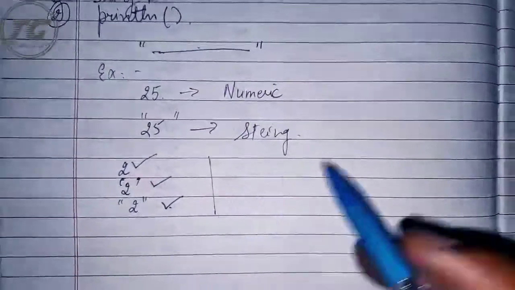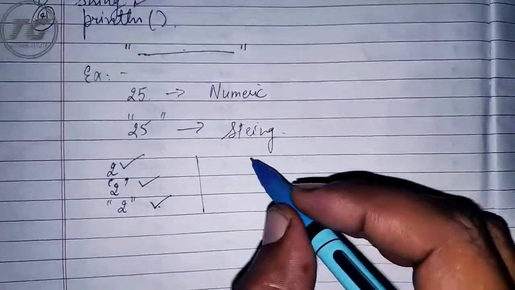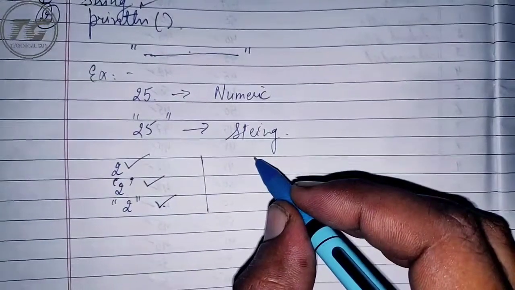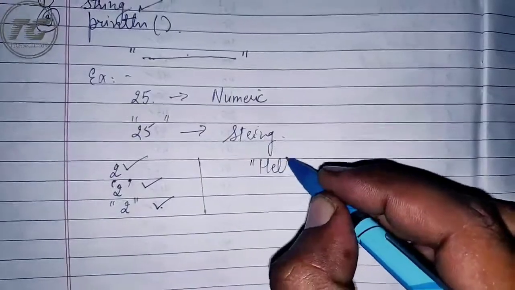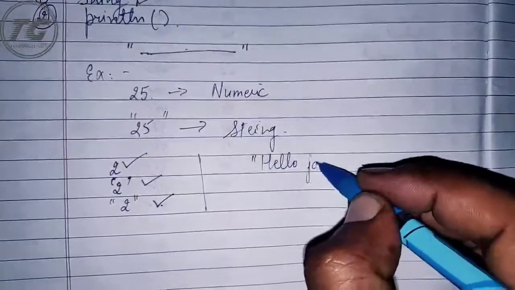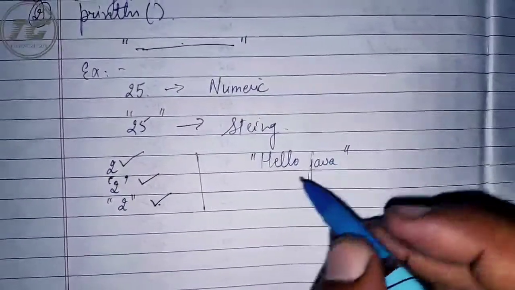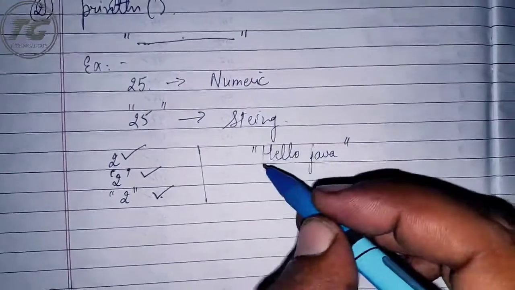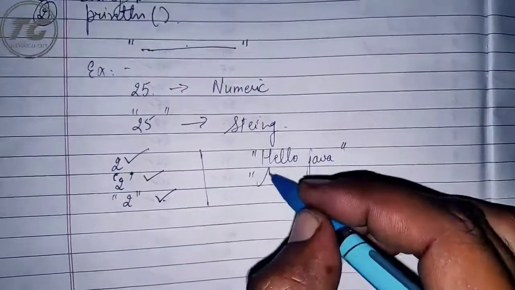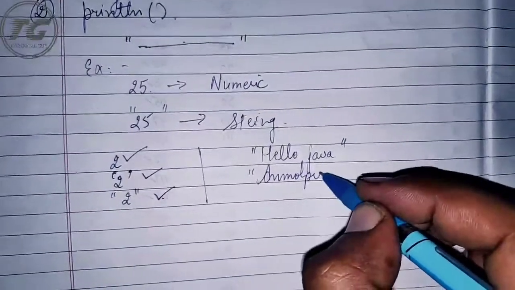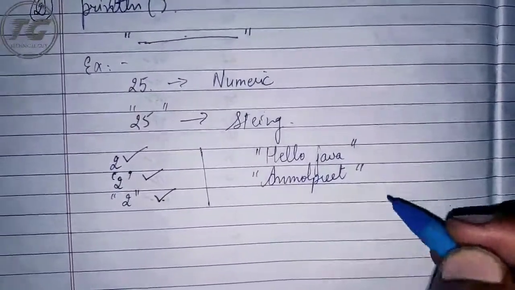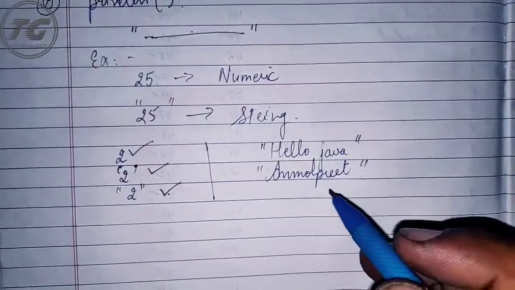So a string can be anything that is enclosed in double quotes. Like if double quotes are there and I have written a line of text, hello Java, this is also a string. You have written the name of any person like Anmol, Preet, so this is also a string.